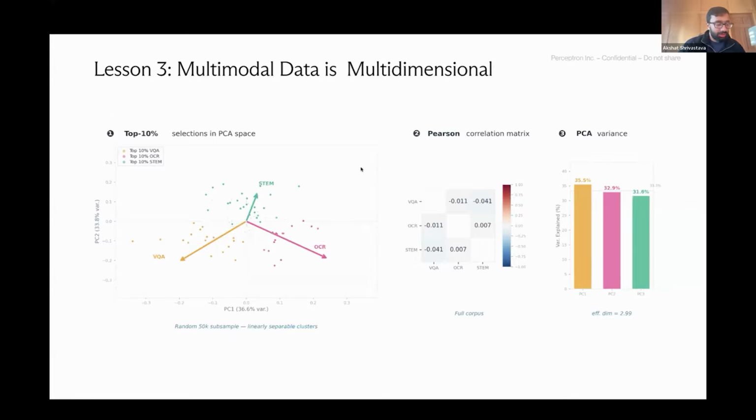There might be something like visual question answering, OCR and character recognition, knowledge intensive stuff, structured reasoning, pointing to objects, localization, temporal reasoning. There's a set of these capabilities that exist within a data point. And it's important to be able to tease apart your data set into the dimensions that are these different capabilities.